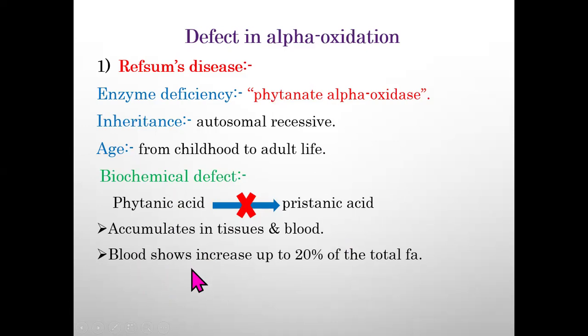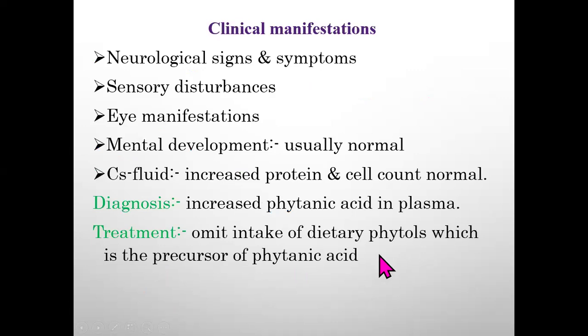Blood shows an increase up to 20% of the total fatty acids. Clinical manifestations include neurological signs and symptoms, sensory disturbance, and eye manifestations. Mental development is usually normal, and in the cerebrospinal fluid you have increased protein, while the cell count is normal.